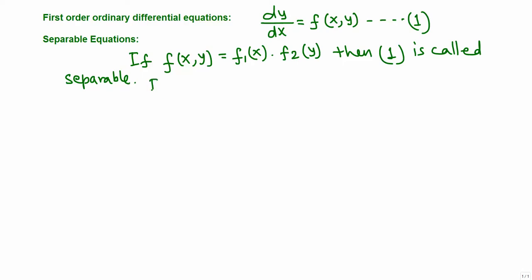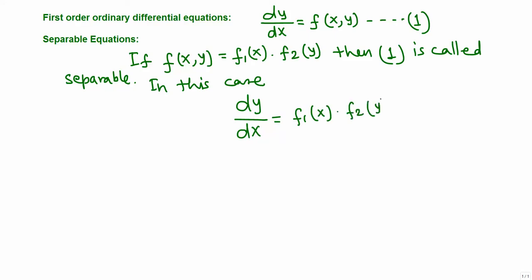In this case, equation 1 becomes dy over dx equals a product, f1(x) times f2(y). Now we can rewrite this equation in differential form, which is the same as cross multiplying.